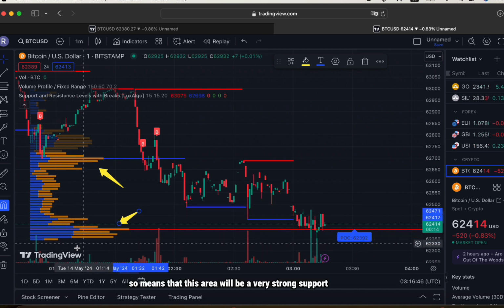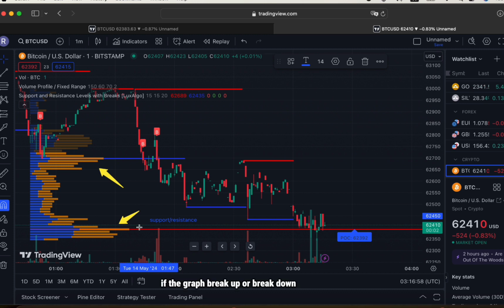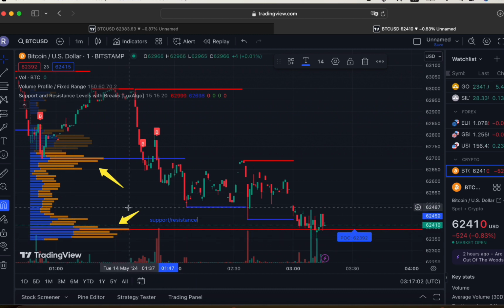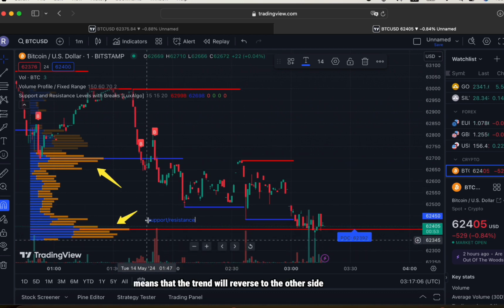So this area will be a very strong support or even resistance. If the graph breaks up or breaks down from the support resistance, it means that the trend will reverse to the other side.